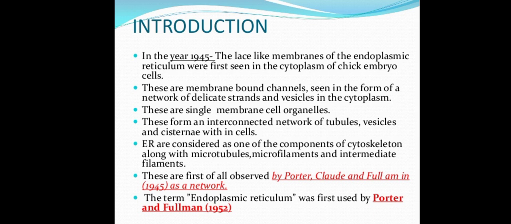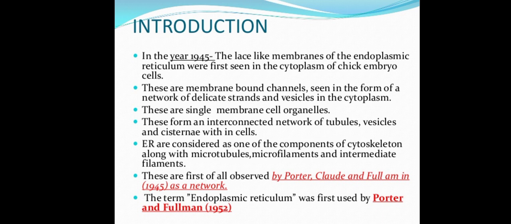The endoplasmic reticulum was first proposed by Porter in the year 1952, and Palade in 1945. The lace-like membrane of the endoplasmic reticulum was first seen in the cytoplasm of chick embryo cells. These are single-membrane cell organelles.